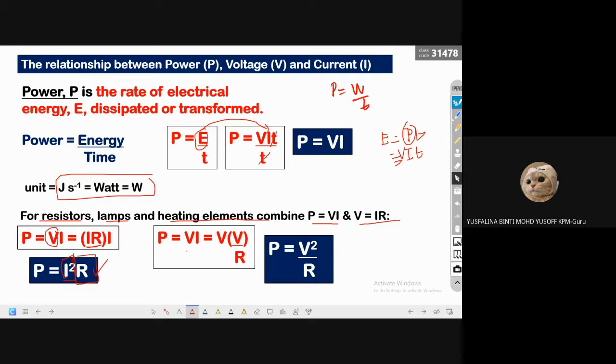Other than that, we can also derive from P is equal to VI and Ohm's law, V is equal to IR.